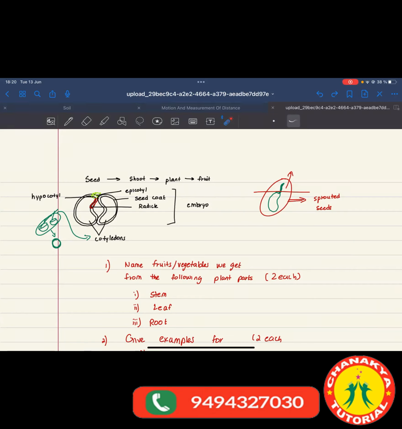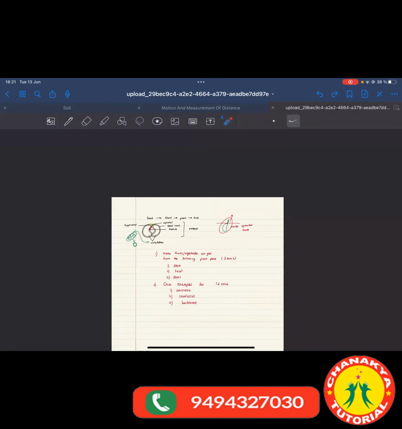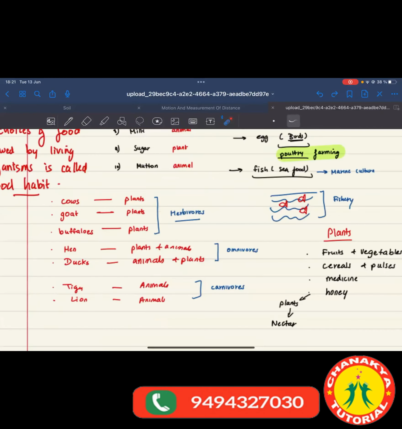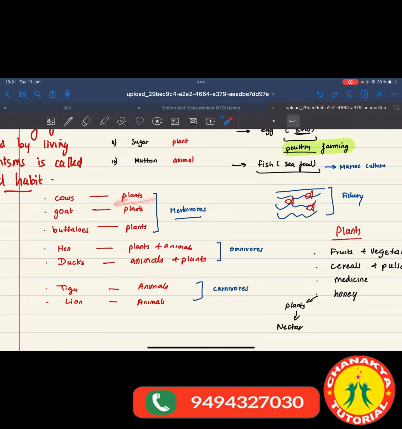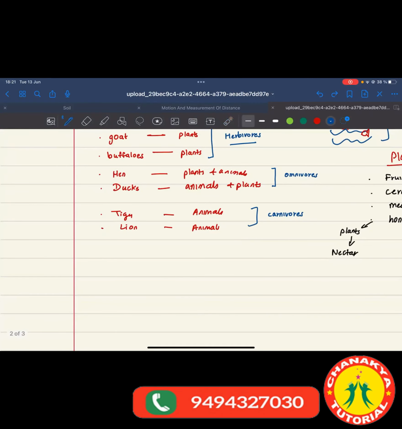Okay, so herbivores consume plants, carnivores consume animals, but scavengers are animals that consume dead plants and animals. This is additional information, not necessary for the chapter. Ma'am, like vulture. Yes, basically like a vulture.